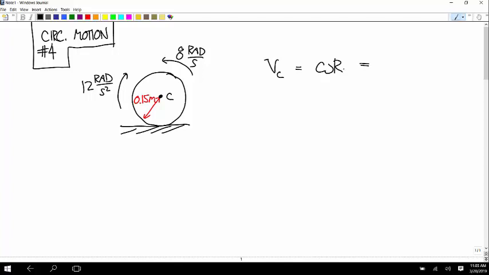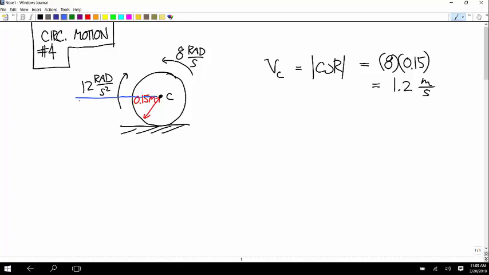That's equal to 8 times 0.15, which I think is 6 would be 90, 7, 105, 120. So 1.2 meters per second. And then you have to combine that with what you know about the direction.